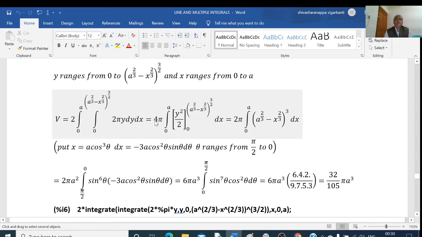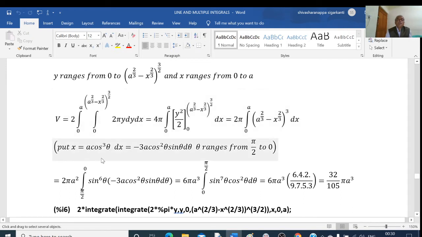This is equal to, here 4 by 2 becomes 2 pi, y square is this square, so the 2 gets cancelled. I am getting a raised to 2 by 3 minus x raised to 2 by 3 whole to the power of 3, minus the lower limit value, which is 0. So now we have to integrate this with respect to x.